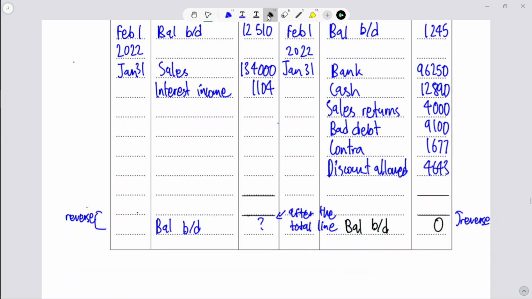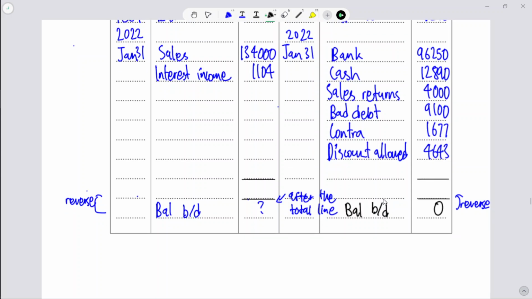So this one balance BD, right, go to left one, balance CD. Then this one balance BD, left, go to right, become balance CD. Balance BD at the right goes to left, balance BD at the left goes to right.